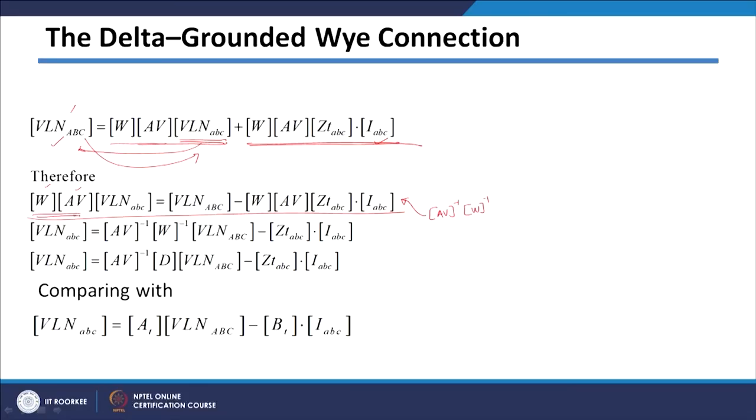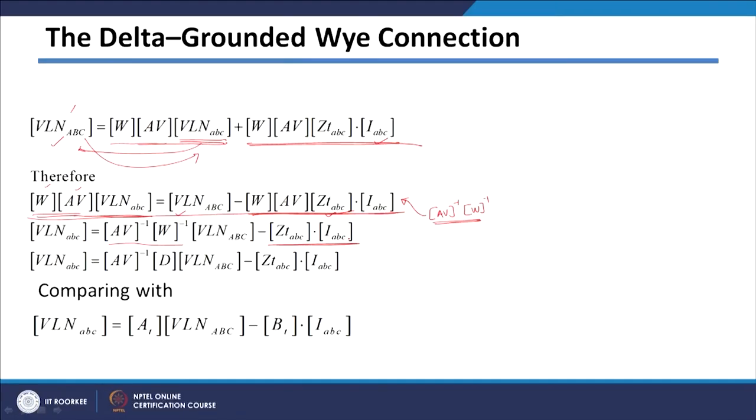So, on this side only VL will remain. This term will get multiplied by AV inverse and W inverse, which I have written here, and in this term also, if you multiply by AV inverse and W inverse, only ZT ABC will remain.